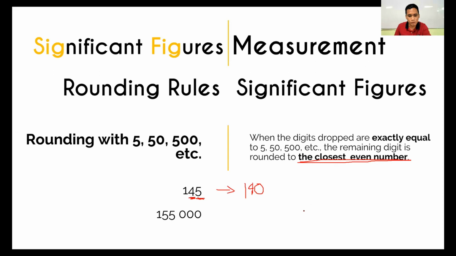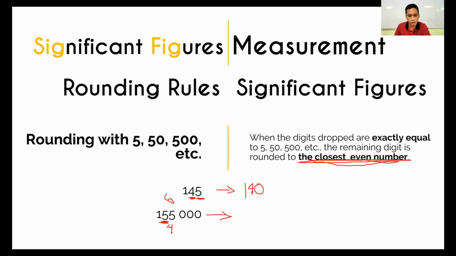Sir, how about if it is an odd number? For example, in this case, 155,000 rounded to its nearest 10,000s. As you can see, the digit in the 10,000s place is an odd number. We round to the closest even number, and we cannot lower it to 4, so the closest possible even number is 6.